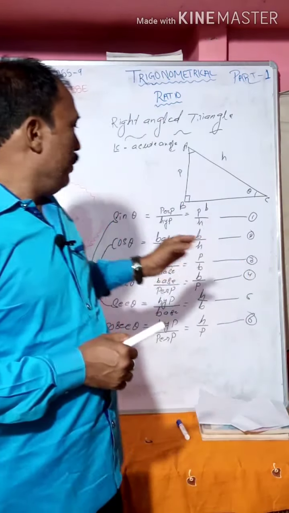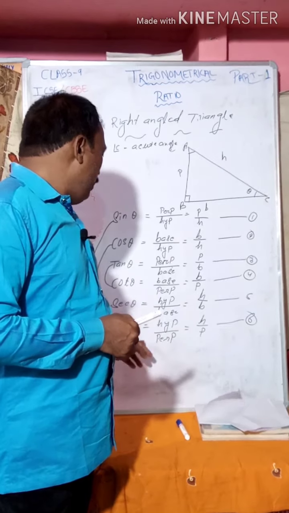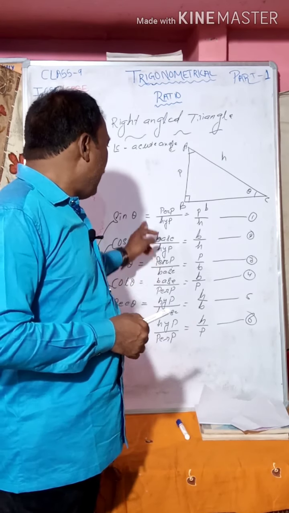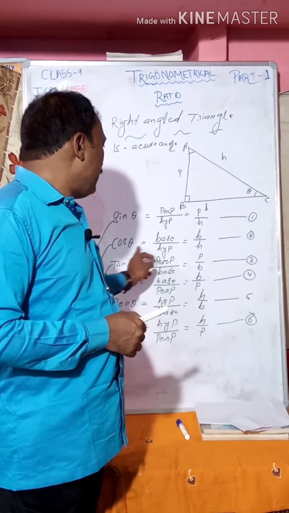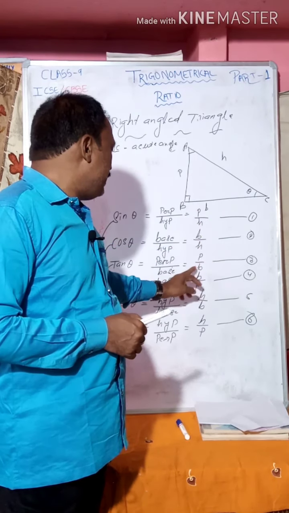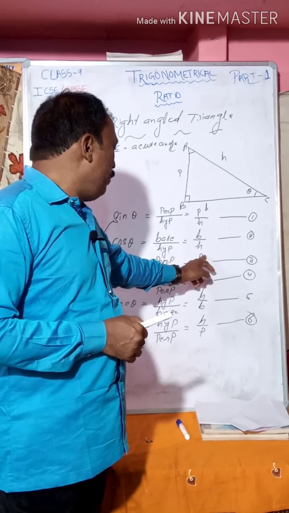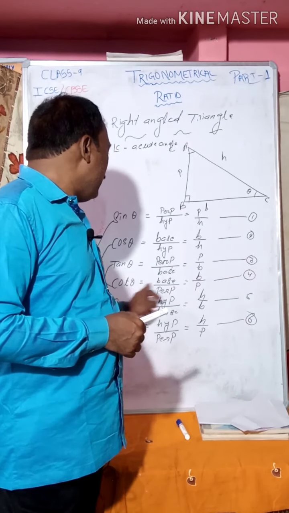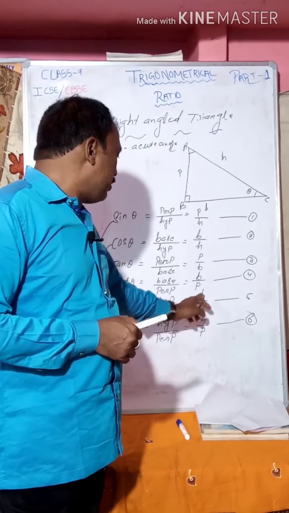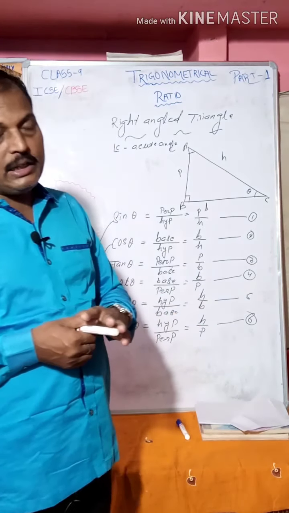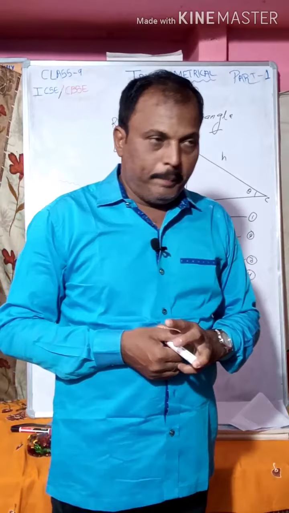First, you should remember these things. Sin theta is equal to P by H, cos theta is equal to B by H, tan theta is equal to P by B, cot theta is equal to B by P, sec theta is equal to H by B, and cosec theta is equal to H by P.